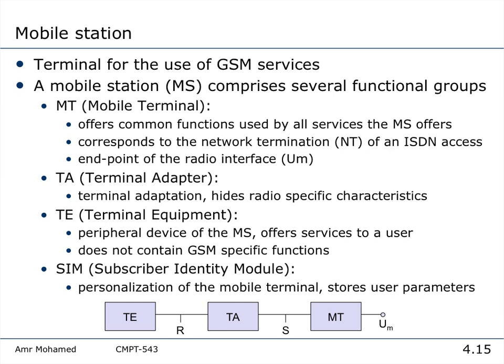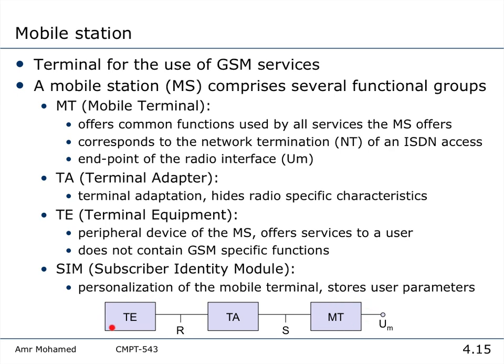The mobile station is the cell phone, the wireless node. So this mobile terminal performs all the radio functionality, in which case it facilitates the measurement of the uplink channel. It performs the channel frequency hopping and all of this. It negotiates this with the base station. So that's done by the mobile terminal.